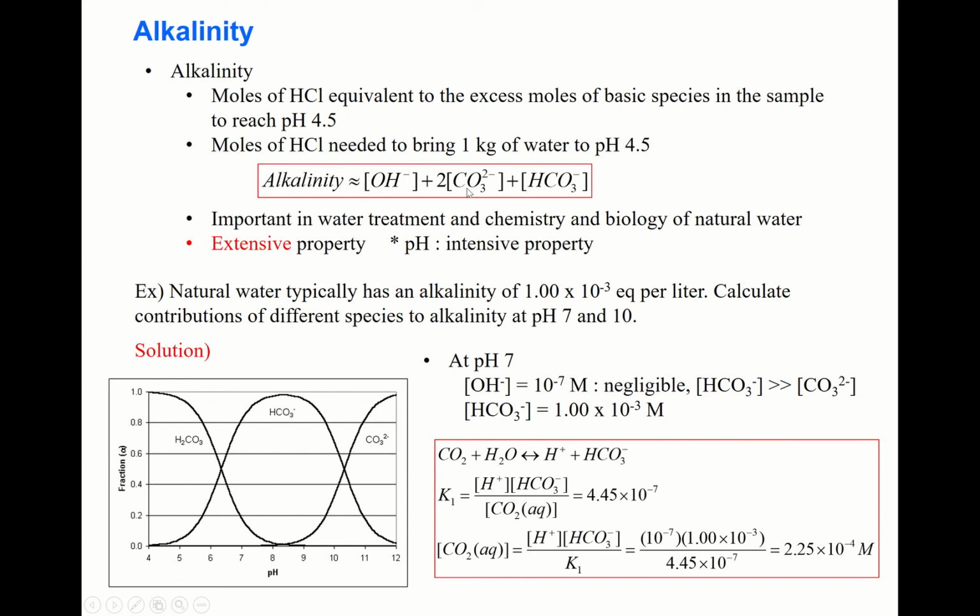So one ion of carbonate is equivalent to 2 protons. And then this bicarbonate may act as both acid or base, but since here we take this one as base, one proton reacts with one bicarbonate ion. So this is the definition of alkalinity, all right?